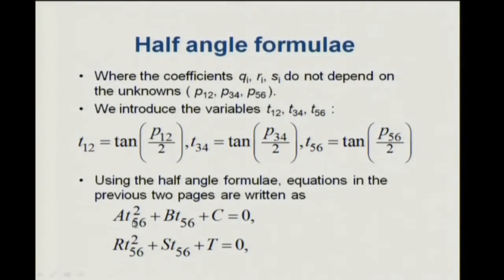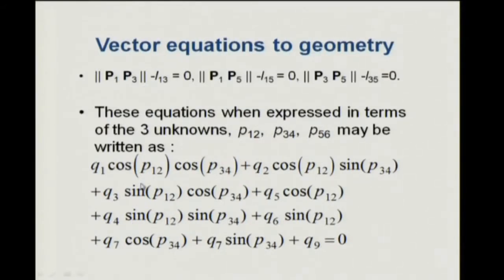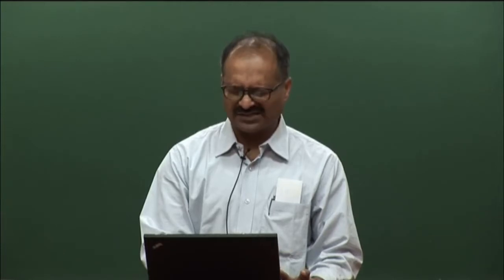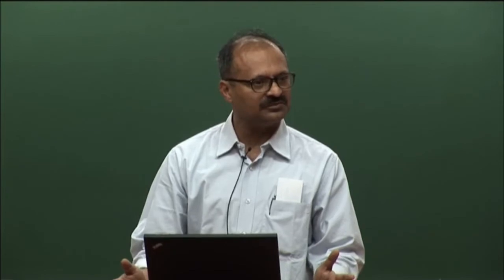If I go back to the first one, I have cosine of this, cosine of this, cosine of this, sine of this, so you'll have all the products sitting there. So you will have an expression involving tan squared of P12 by 2, and an expression involving tangent of P12 by 2.